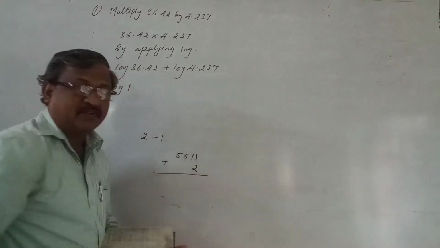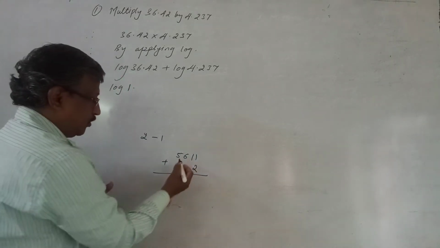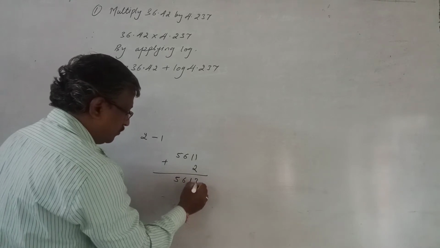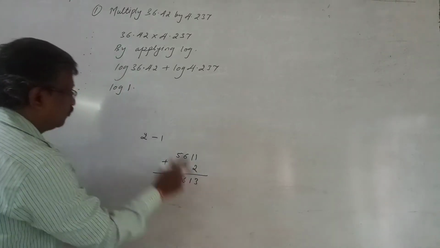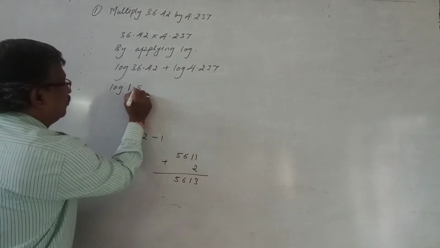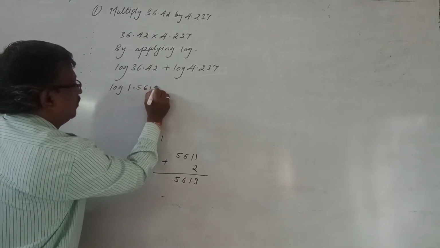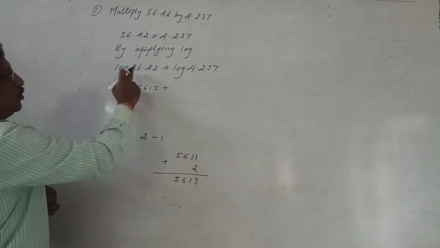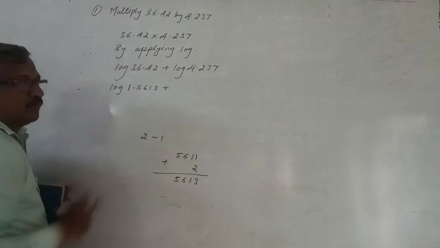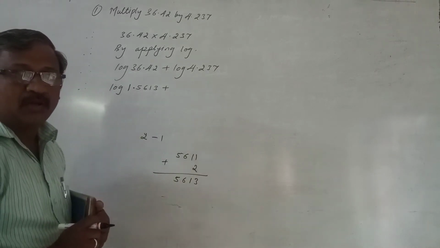Whatever mean difference comes is always added. So in 5611 if you add 2, you get 5613. This 5613 you have to write as it is after the decimal point. So 1.5613 is the logarithm of 36.42. This is how you have to find out the log.